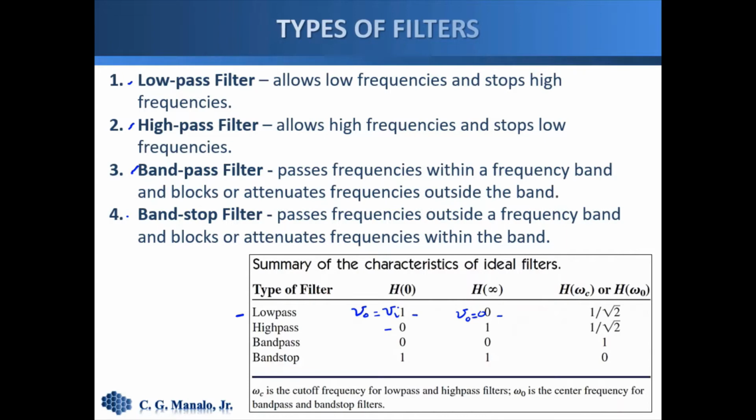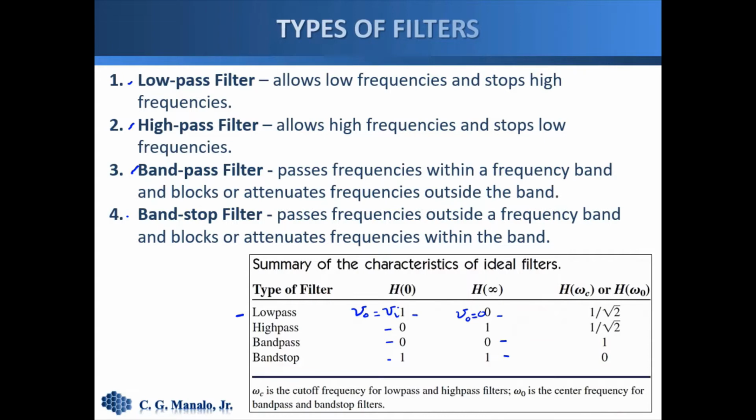Now for a band pass, for low frequency, it has a zero magnitude of transfer function as well as for high frequency. While for a band stop filter, the magnitude of the transfer function for low frequency and for high frequency are both unity.